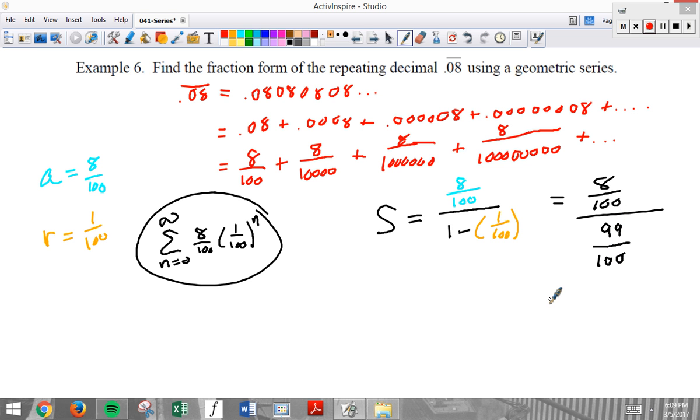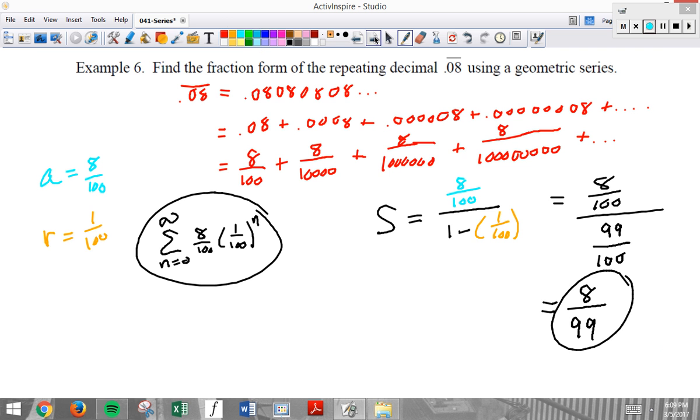Common denominator, guys. Keep change flip. The hundreds would cancel. You would get 8 over 99. Now, does that match with the formula your middle school, elementary school teacher gave you? Maybe, if you still remember that formula. The key thing is this proves the formula. If you don't know what I'm talking about, look up formula for repeating decimals. There's a nice little rule for it. You don't need to know the rule. You can do it with calculus now. Ta-da!